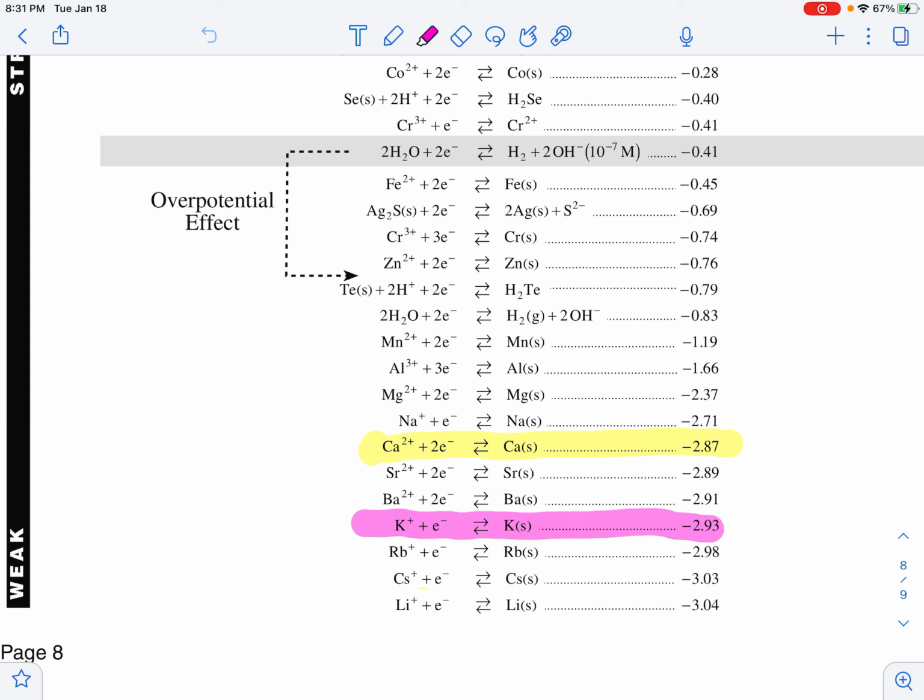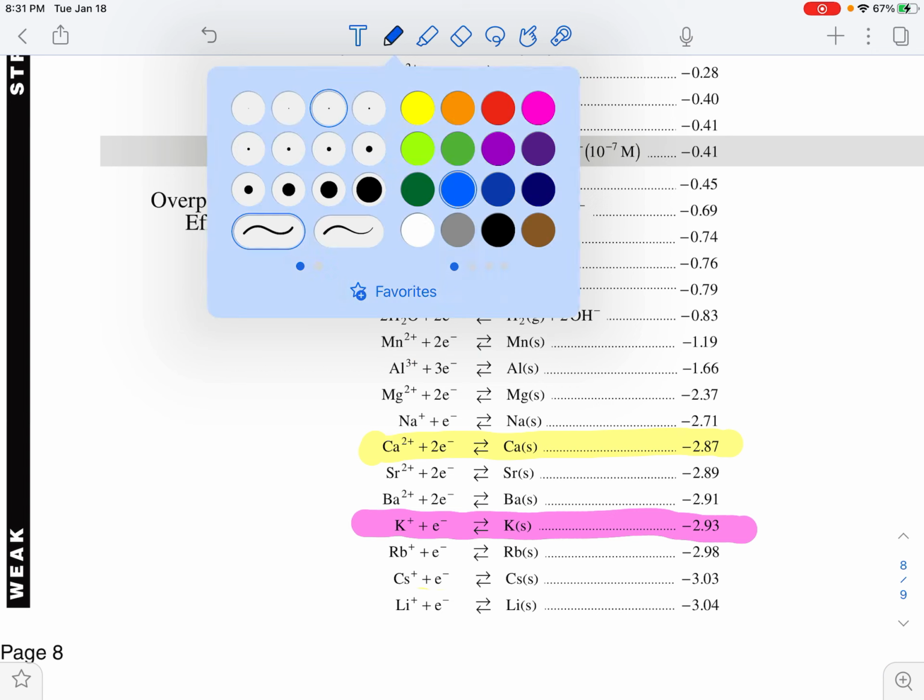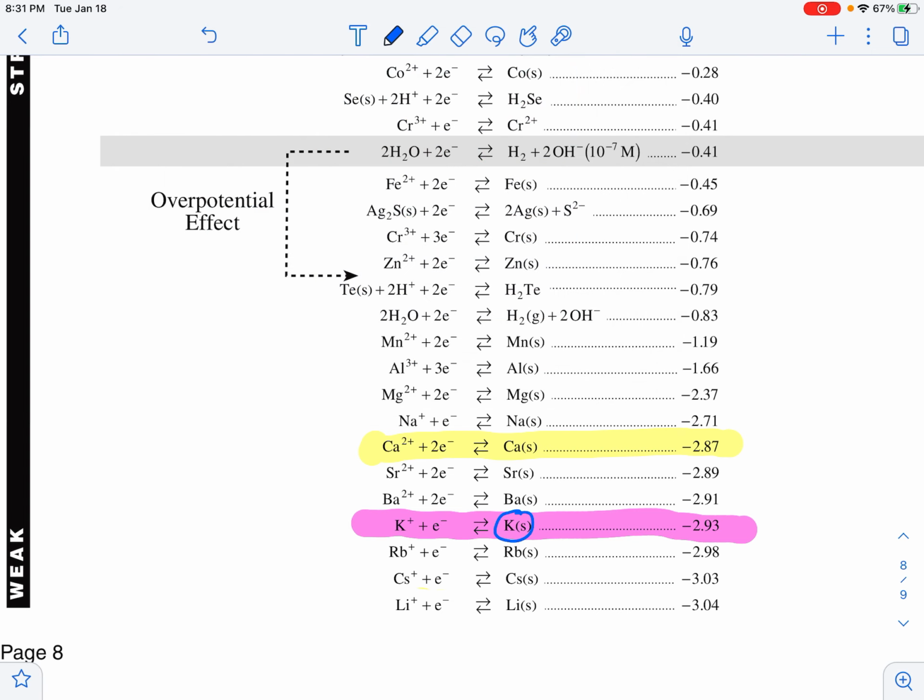There's the potassium line, but I'm going in from here to the left. Okay, and I'm going to leave that guy circled here, which means that the potassium actually really wants to oxidize. So I switch the sign of that, so it's positive 2.93.